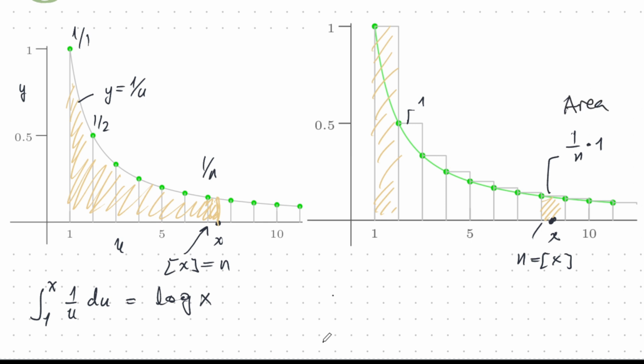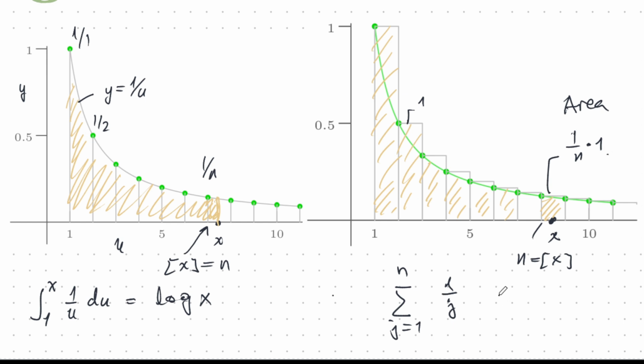Area. Okay, and so the area of all of these rectangles is just the sum from j = 1 to n of 1 over j times 1. But we could just get rid of the 1.